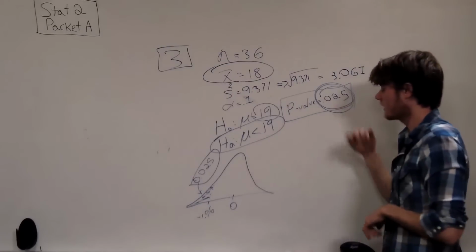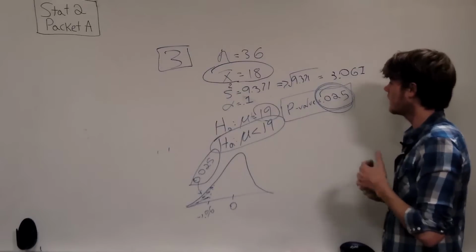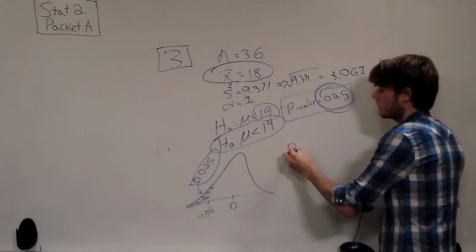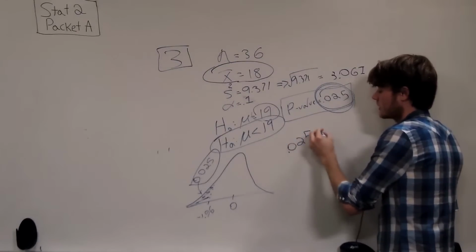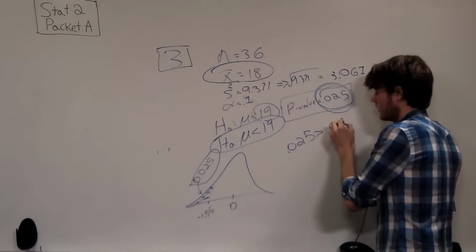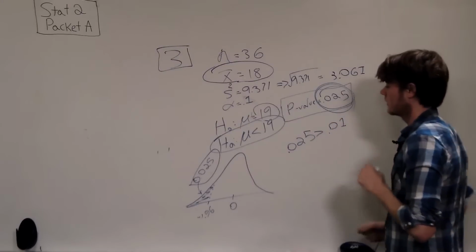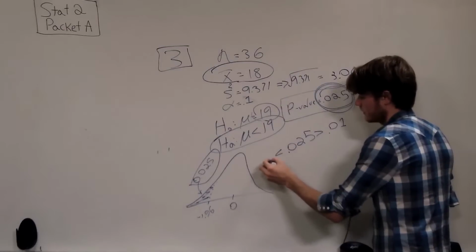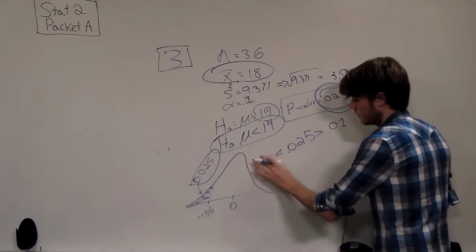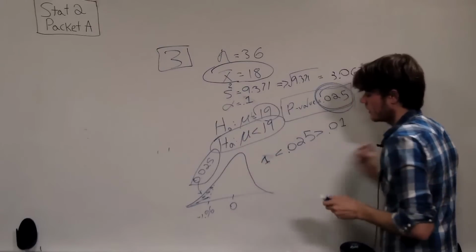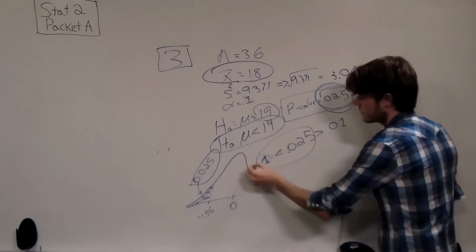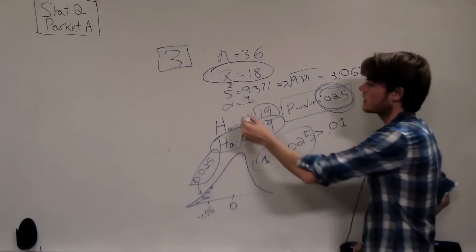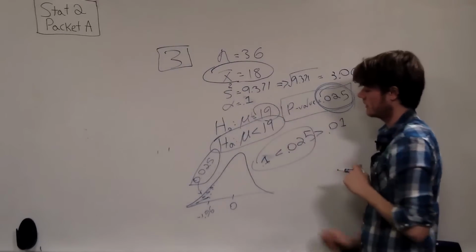Now notice that 0.025 is greater than 0.01, but it's less than 0.1. This relation tells us we reject H naught because our p-value is less than alpha.